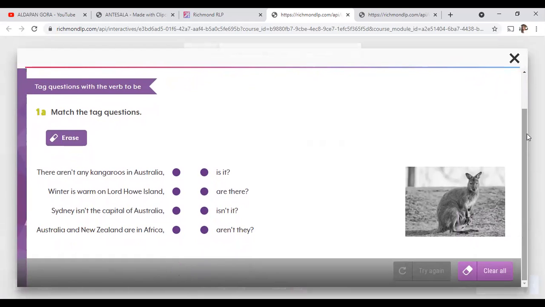When we finish this, we're going to continue with tag questions with do and don't. The first, there aren't any kangaroos in Australia. What is the tag question? Are there? Very good.